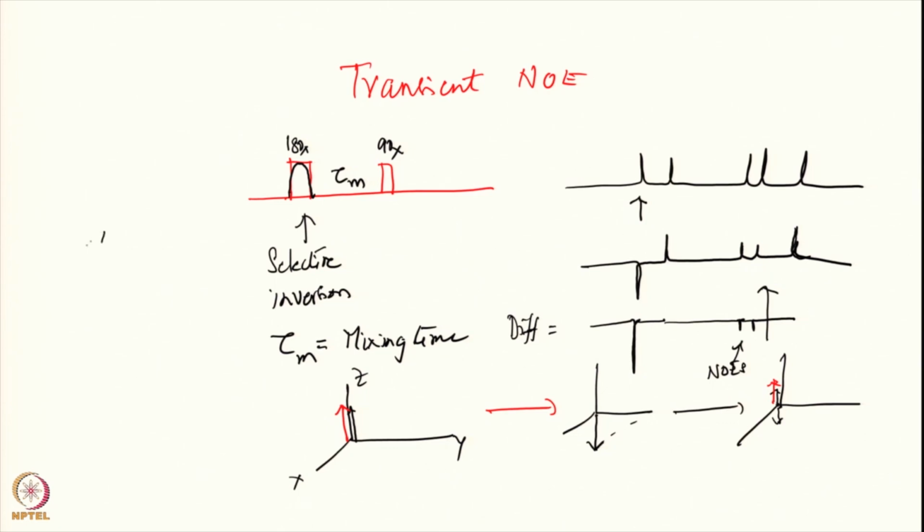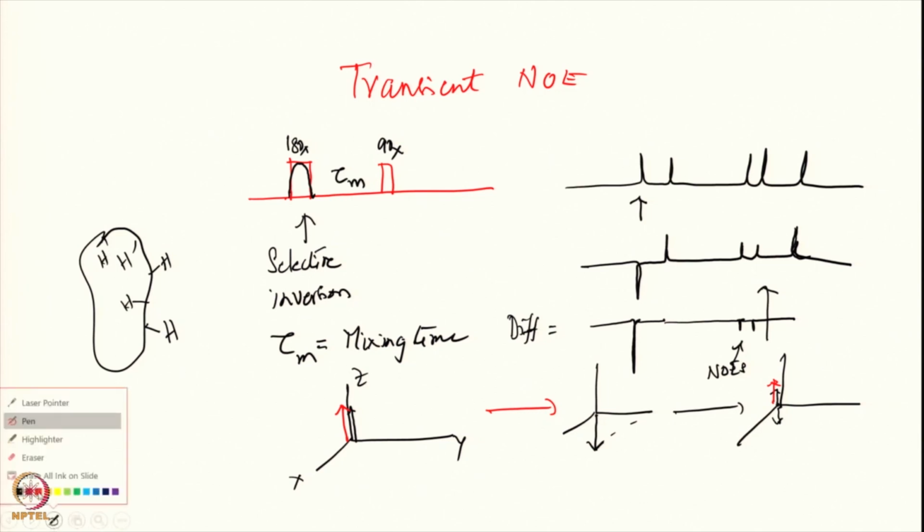Question is, let us say I have a molecule like this and I have a proton here, a proton there, a proton here, a proton here, a proton there, and so on and so forth. I perturb this fellow, then it will relay from here to here because it is close directly during the T1, but this is also now perturbed.